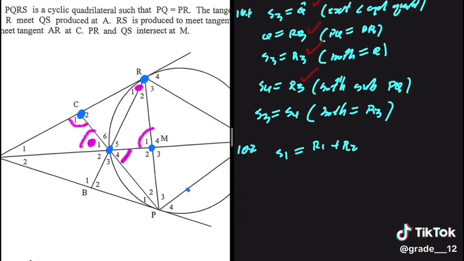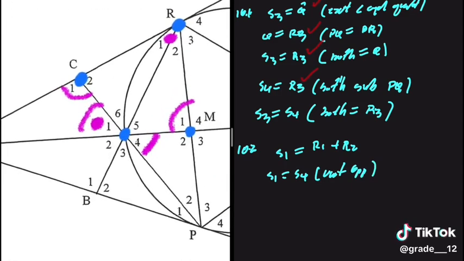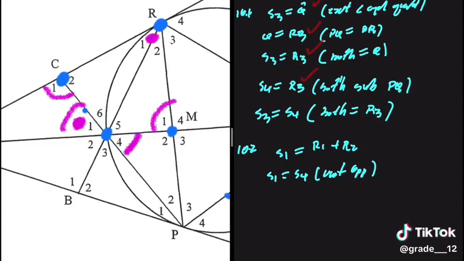So I'm going to start by saying S1 is equals to S4, vertical opposite, okay? Let me check if they are indeed vertically opposite. So I have this line and I have this line, okay? S1 and S4 are indeed vertically opposite, okay?